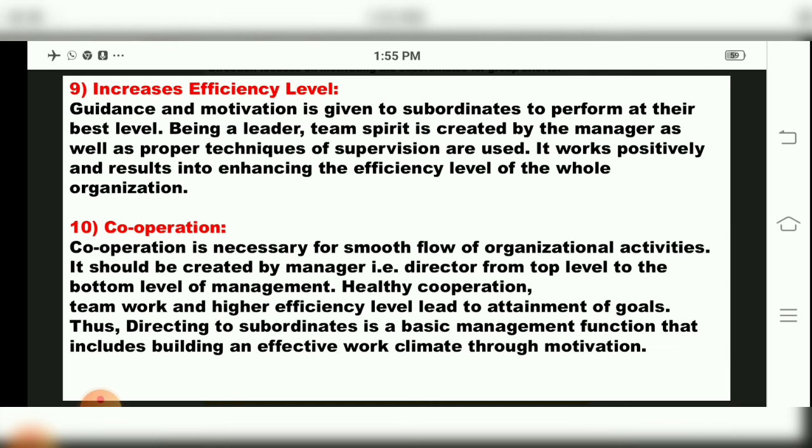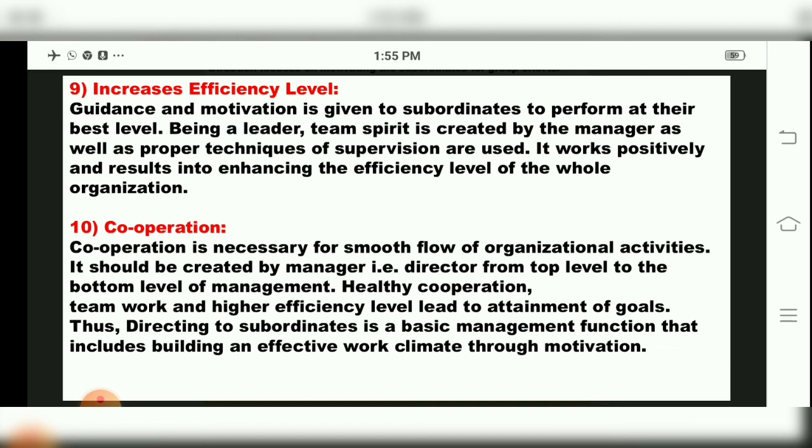So here they have told in the last point of the importance of directing that cooperation should be there between all levels of management, and that is very important as it will create a healthy environment, children. And when a healthy environment is there in a company, any organization or company will run smoothly and successfully.